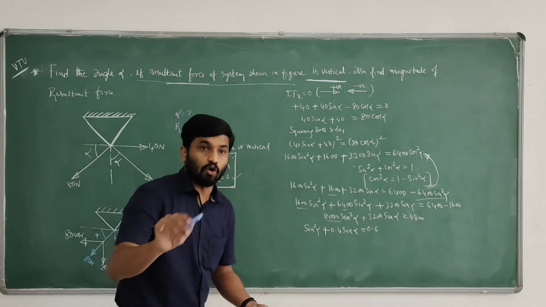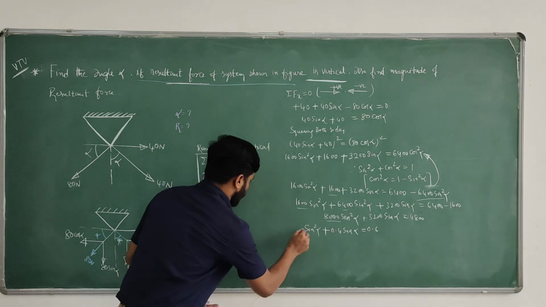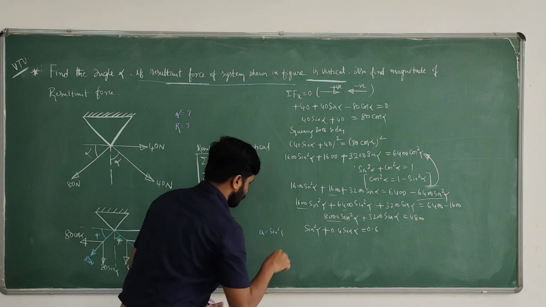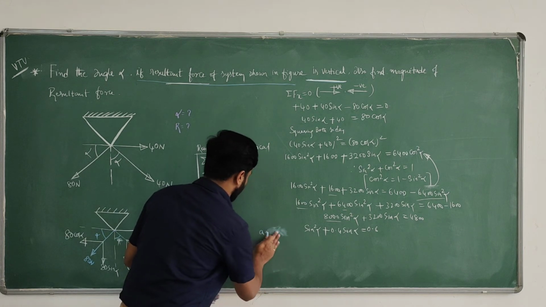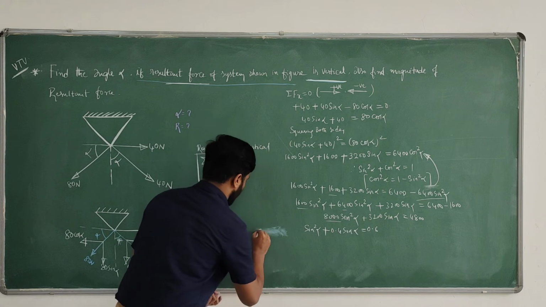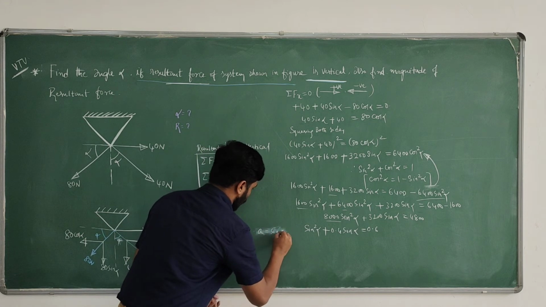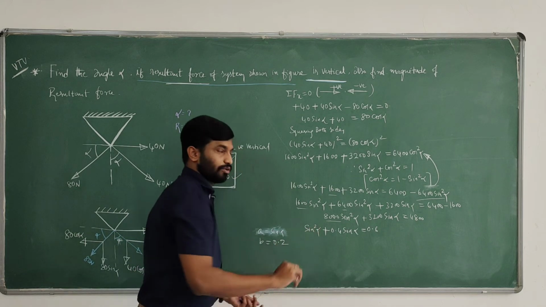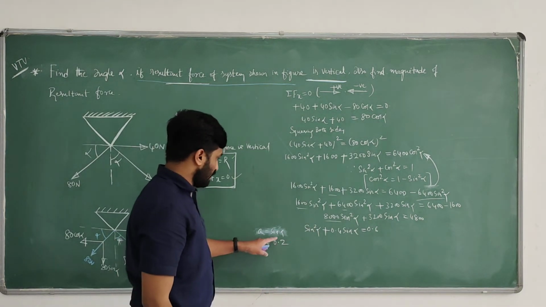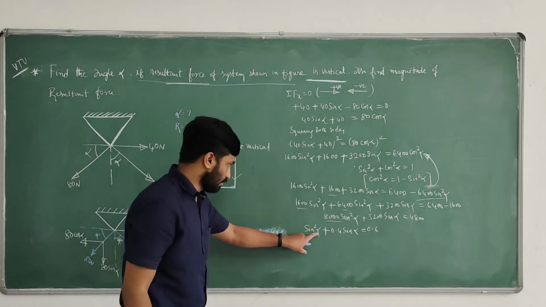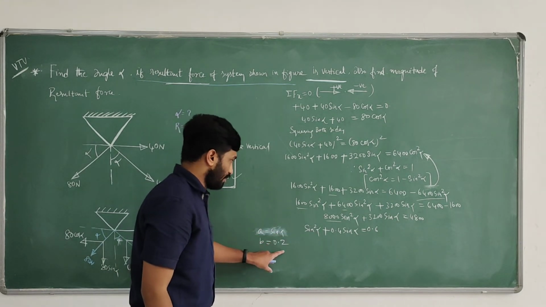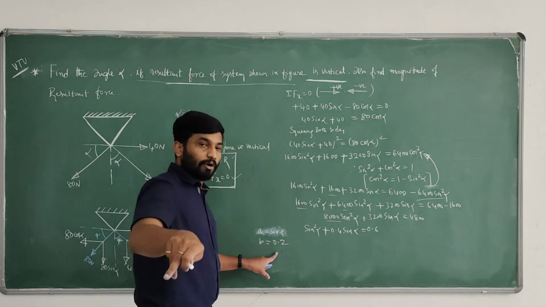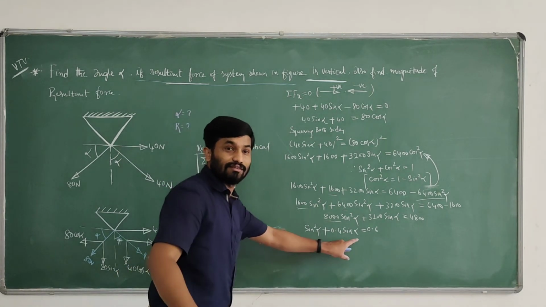We know a plus b whole square. So here you take a as sin alpha and b as 0.4 divided by 2, that is 0.2. Then a square is sin square alpha, b square is 0.2 squared, that is 0.04, plus 2ab, which is 2 into 0.2 times sin alpha.